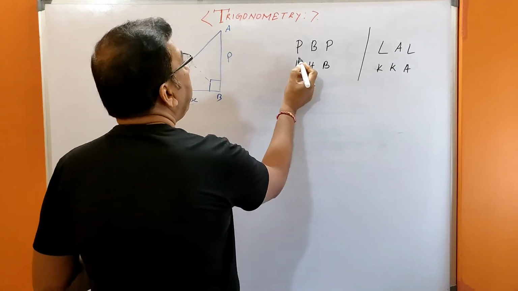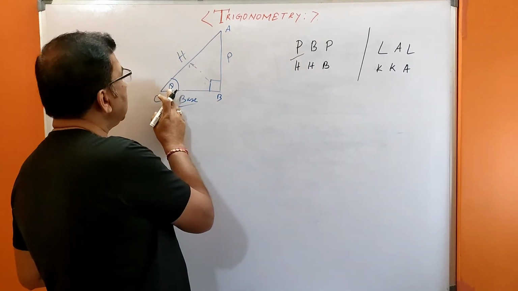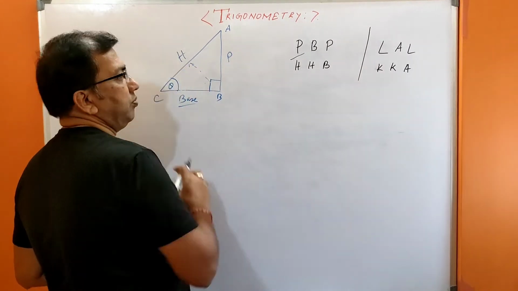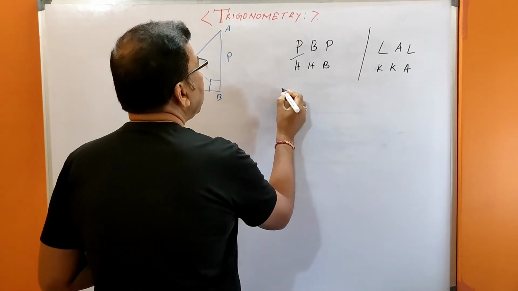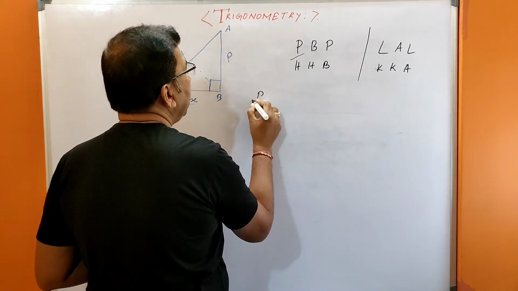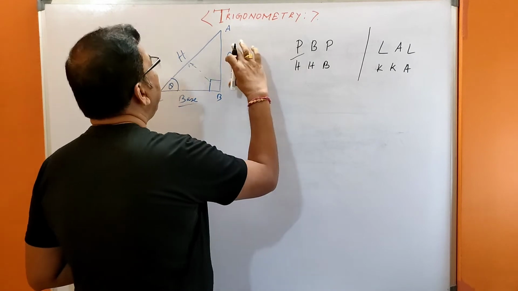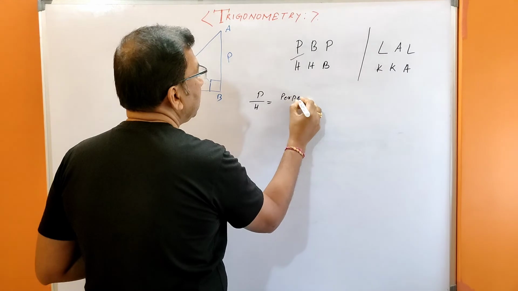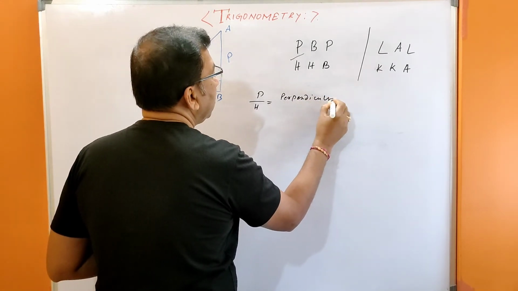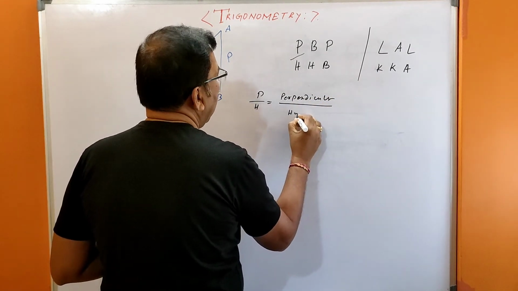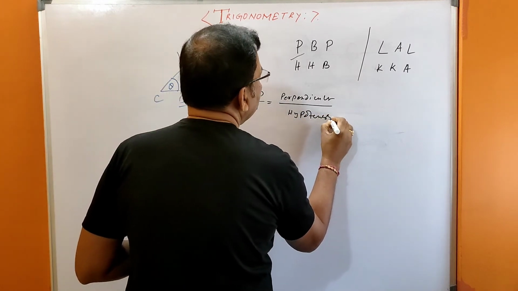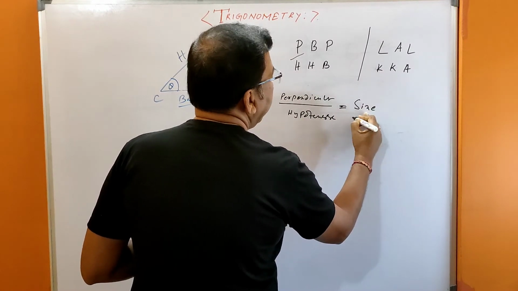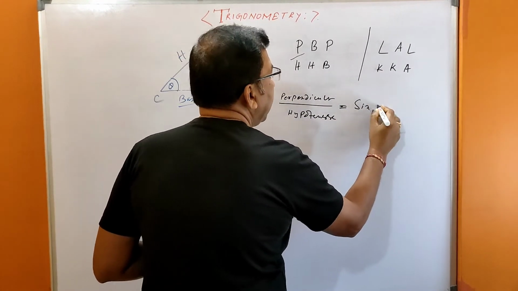If you consider P by H with respect to this theta, then P by H, perpendicular by hypotenuse, equals sine theta, S-I-N-E, short S-I-N.